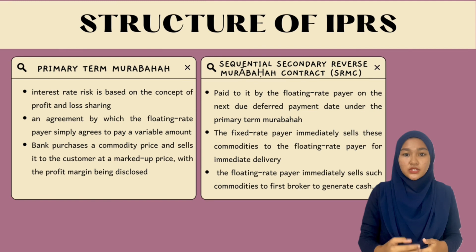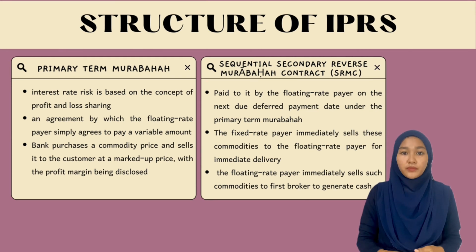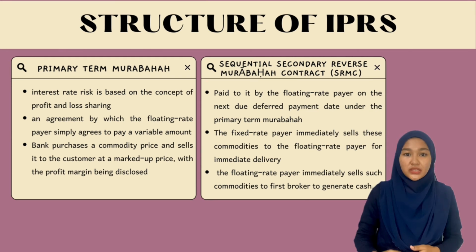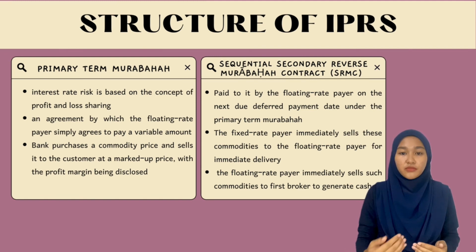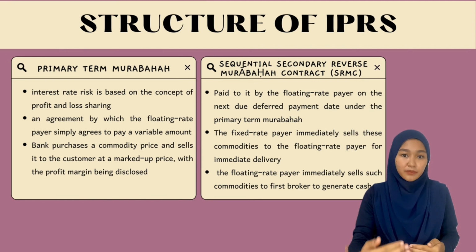Next is the Sequential Secondary Reverse Murabahah Contract, SRMC. The first SRMC is entered into on day 1, for example, the date of entry into the primary term murabahah contract by the fixed rate payer, utilizing an amount equal to the cost price element due to be paid to it by the floating rate payer on the next due deferred payment date under the term primary murabahah to purchase commodity from its commodity broker.